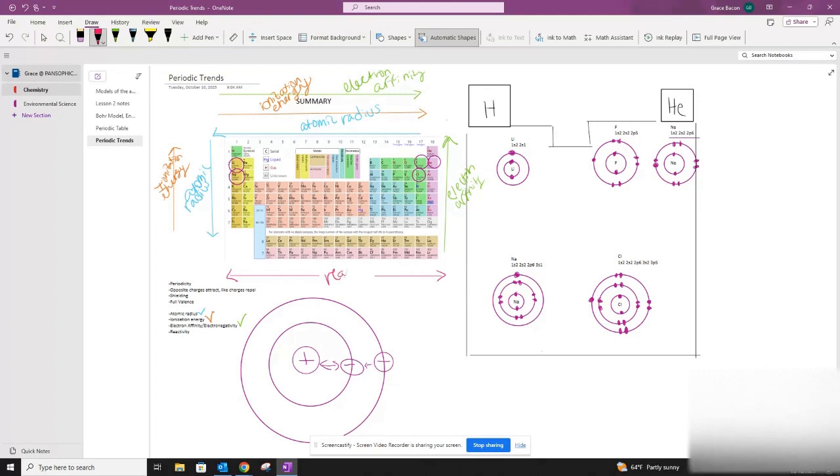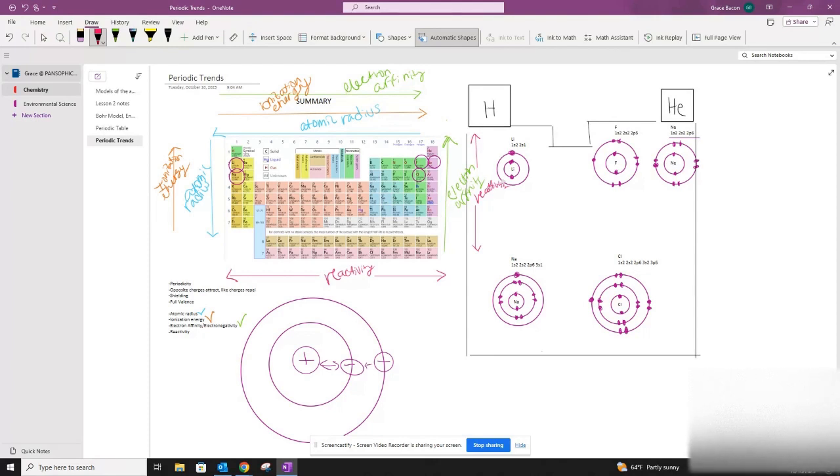So this is going to be my reactivity. And same way here, it's going to kind of move out like this. Sorry, it's a little messy.